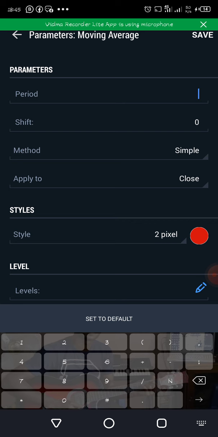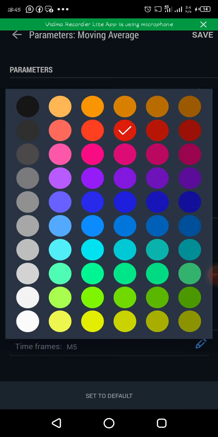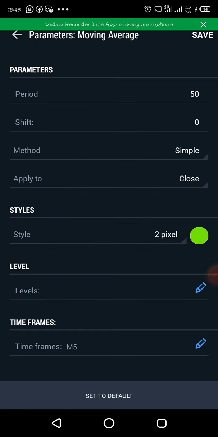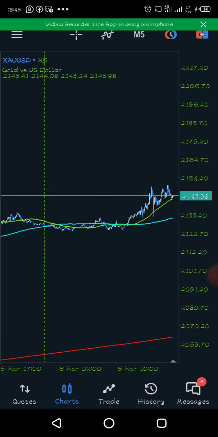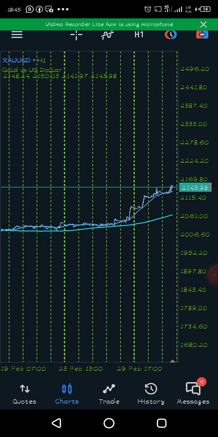Then I'm going to put this to green. This time around it is just going to be on 5 minutes. Then after that, we have something like this. Now I'm going back to 1 hour.